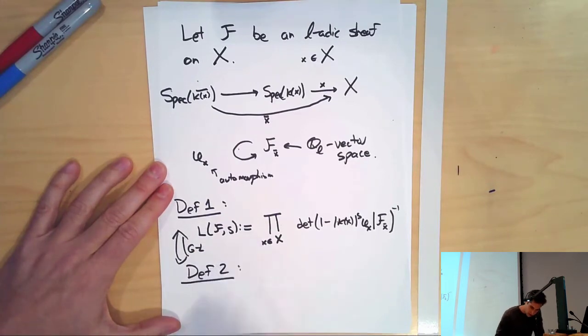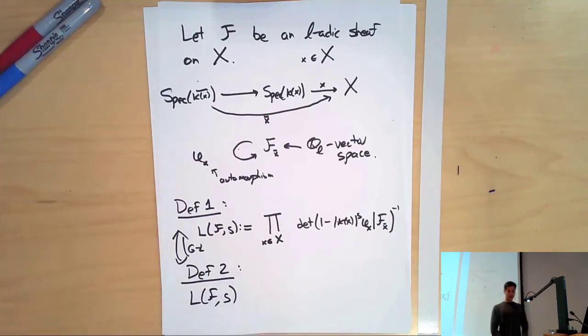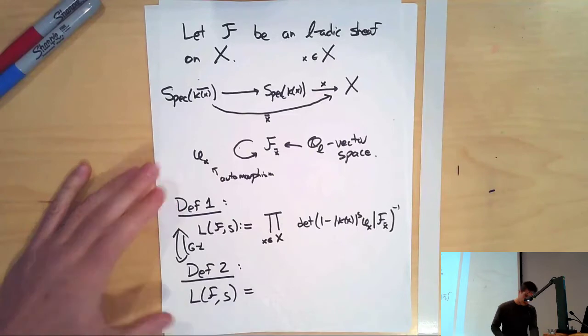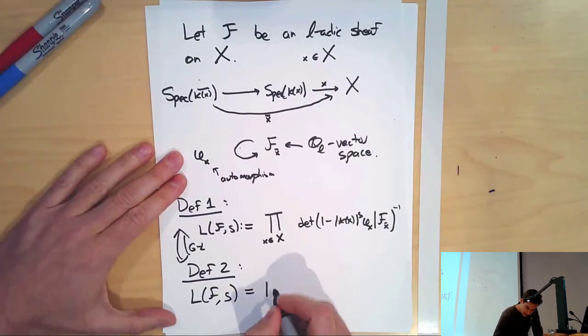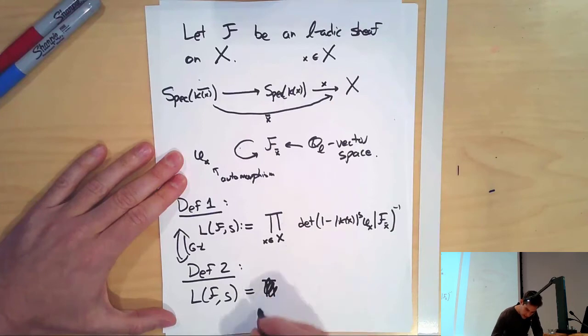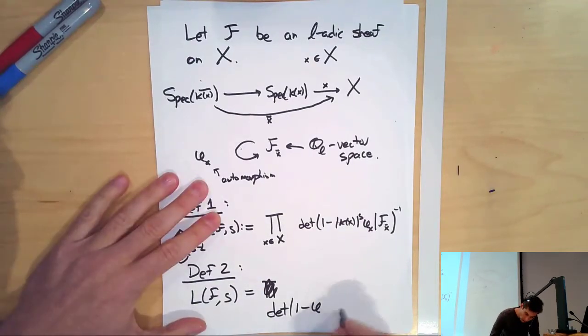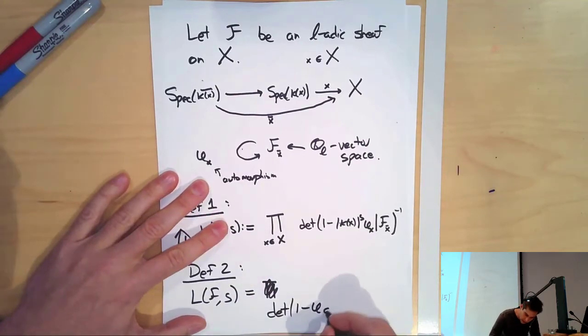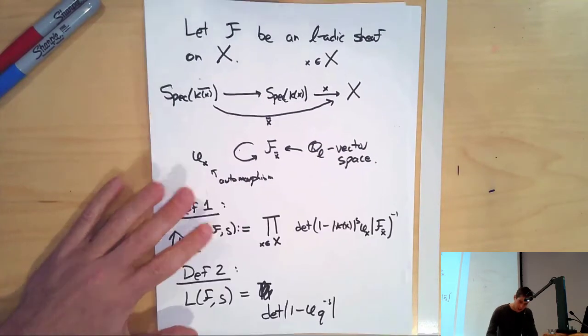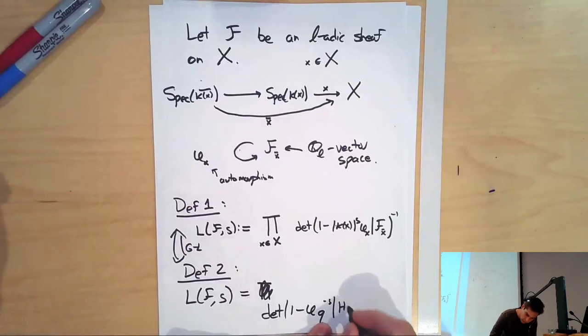Let's call it definition 2. The L function of F evaluated at the point s is something that you can write, using my earlier convention, as the determinant of 1 minus the Frobenius associated to F_q, q to the minus s, on the compactly supported cohomology of X-bar.